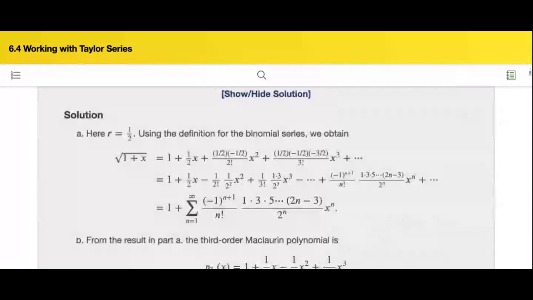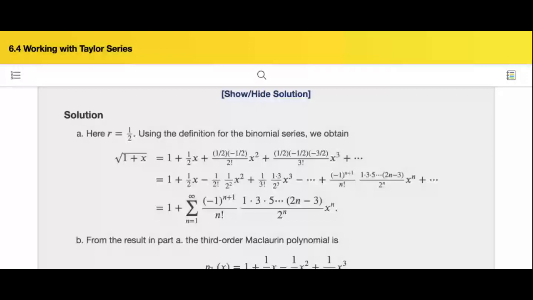So we calculate and simplify, and in the end we get 1 plus the summation with n going from 1 up to infinity of negative 1 raised to n plus 1 divided by n factorial. Because we have an alternating series, negative 1 raised to a certain power is involved.